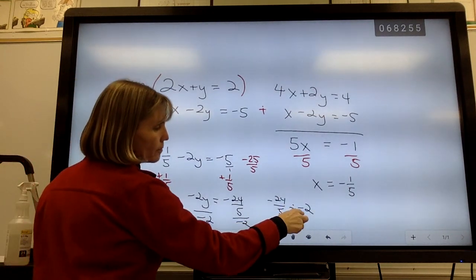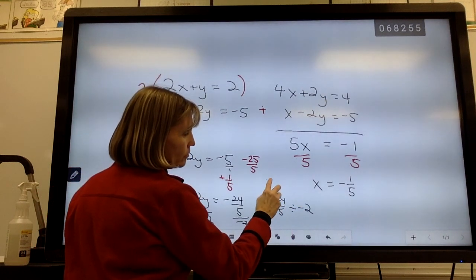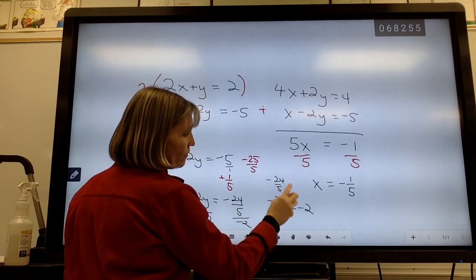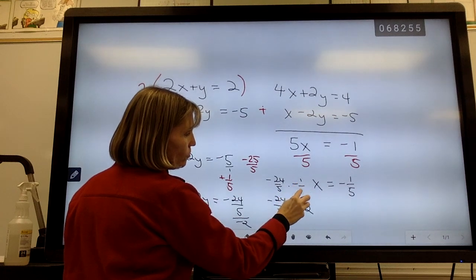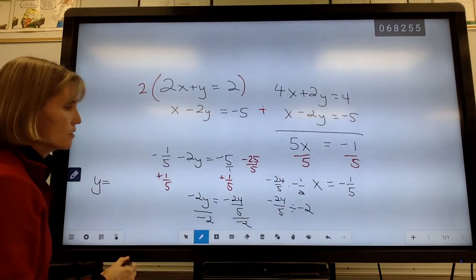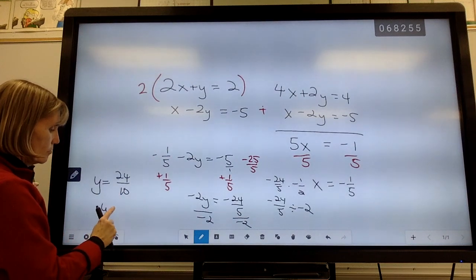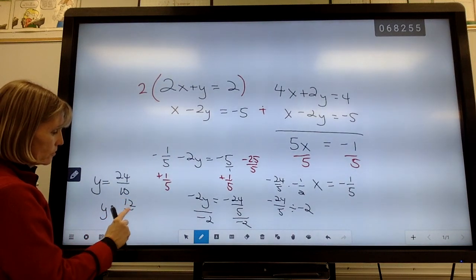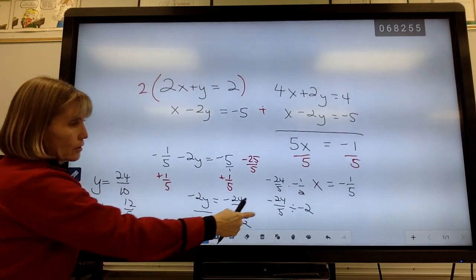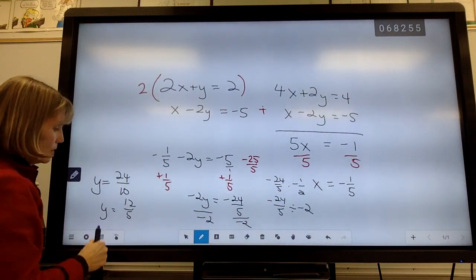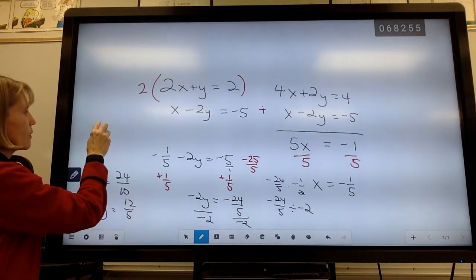We're going to multiply by the reciprocal here, so that's negative 24/5 times negative 1 over 2. So I'm going to get a positive 24/10, which reduces down to 12/5. So I get negative 1/5 for x, positive 12/5 for y.